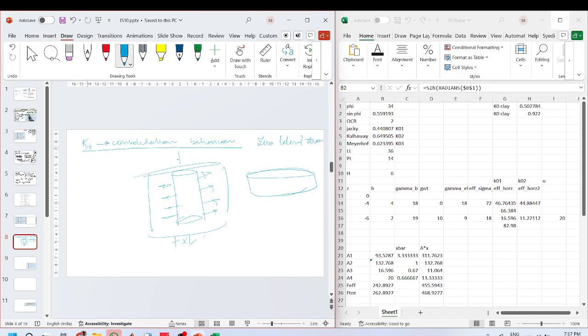The pressure is imposed such that the pressure in all directions is equal. So we have an isotropic consolidation. But in the oedometer, you have a ring. So the ring prevents any strains, any movements in the lateral direction.